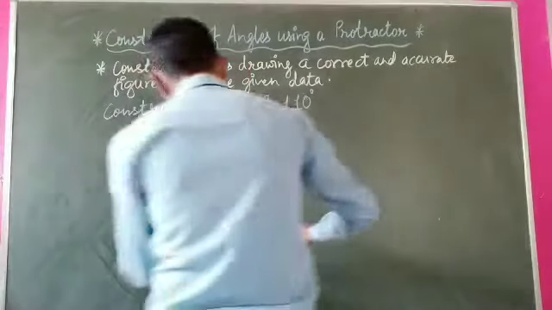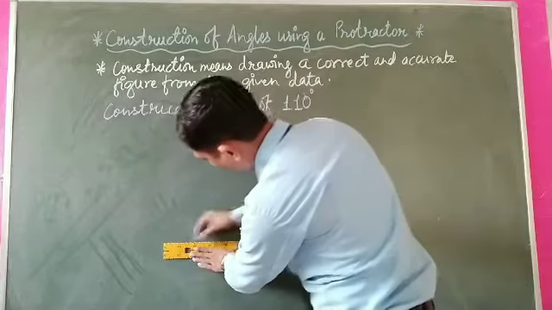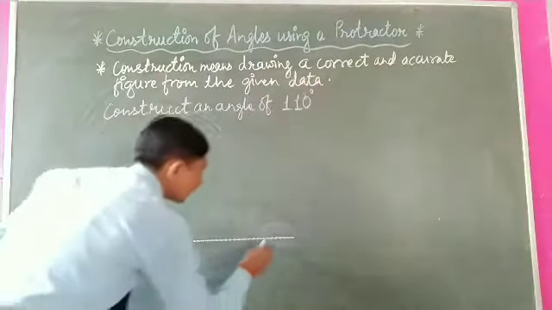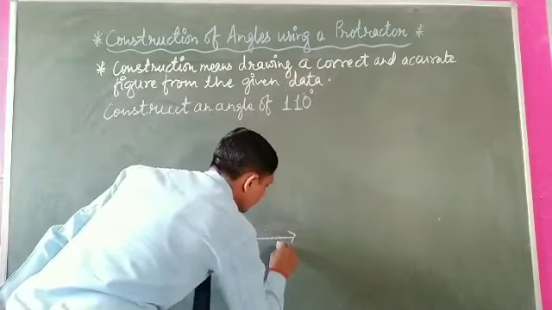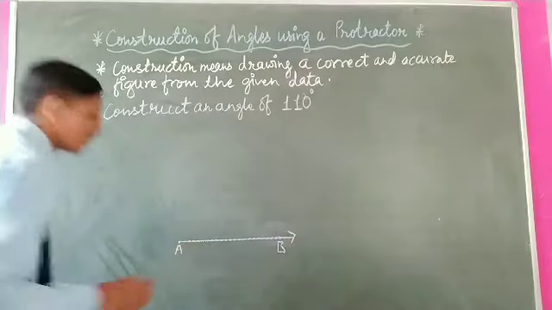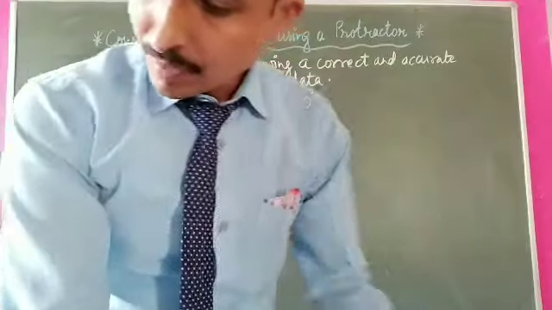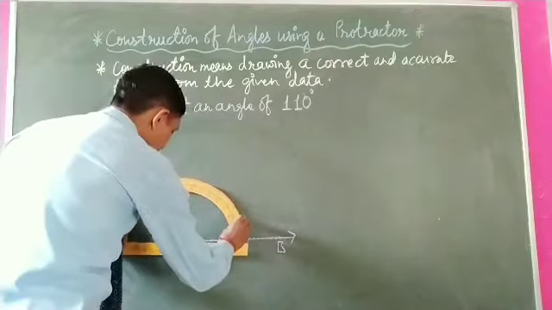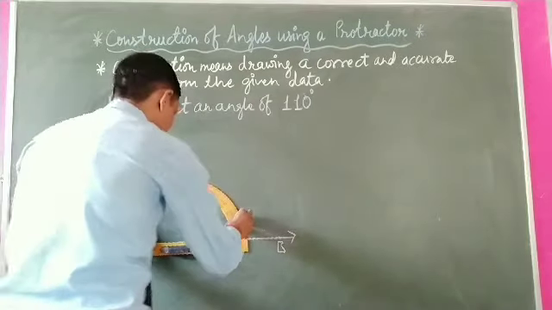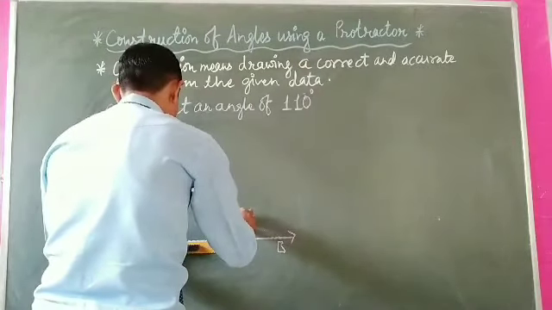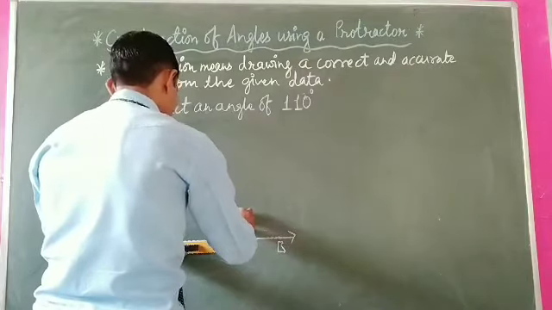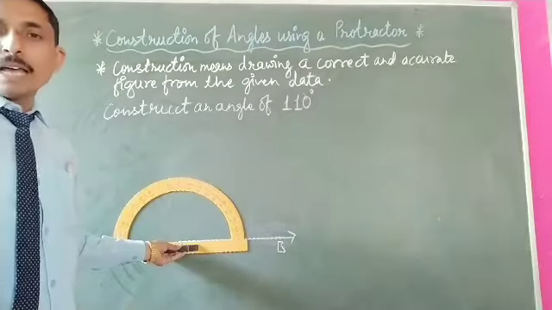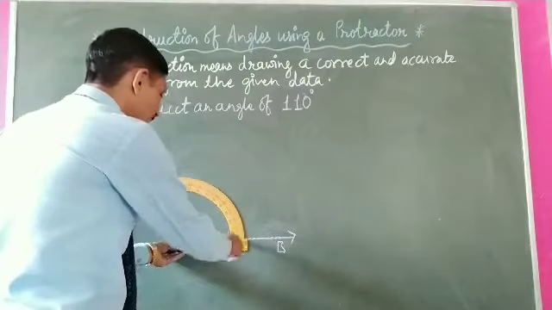First of all, draw a ray AB, that is A and B. After that, place the protractor with its center at A and the baseline along AB.